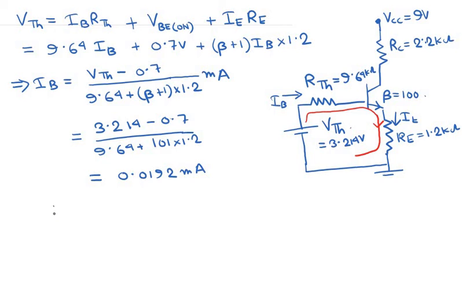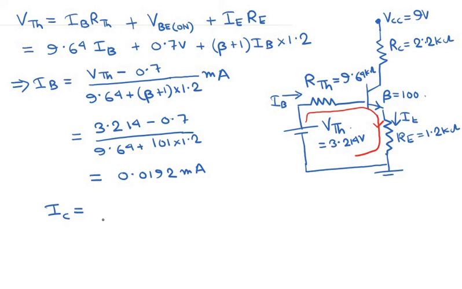The DC component of the collector current is given by IC, which can also be written as ICQ, and the base current can also be written as IBQ. So the DC component of the base current is basically the quiescent base current.